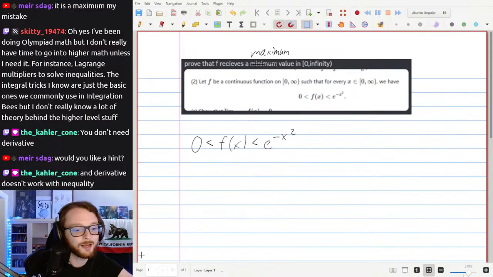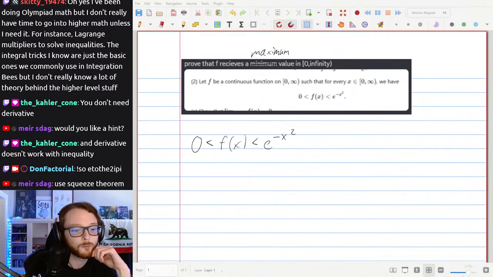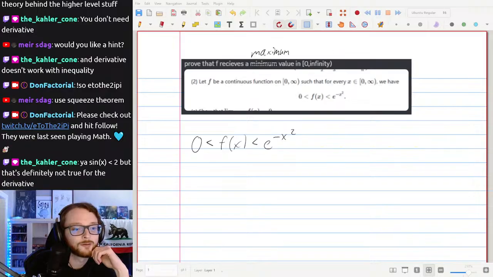You know what, Skitty? Is he still going? He probably is. If you don't know Zach or e to the 2i pi, I don't think he's doing Olympiad ones, but literally right this instant, he's doing a 100 integral challenge. And he's pretty deep into it. Let me see what problem he's on, actually. Squeeze theorem? Okay.